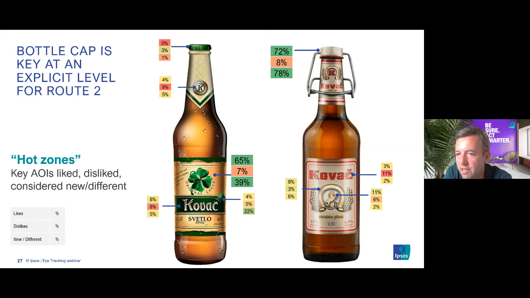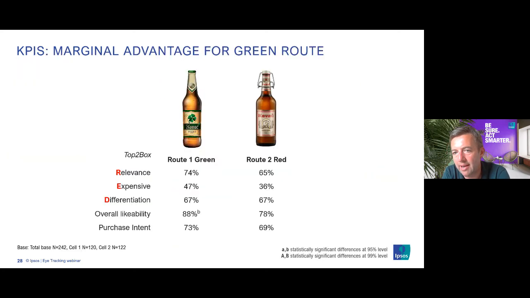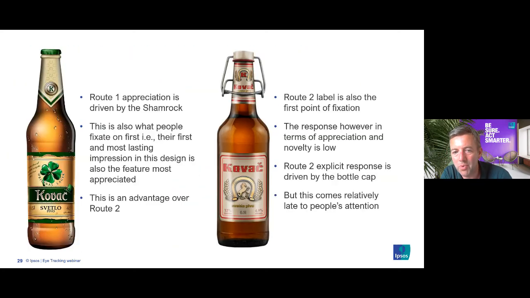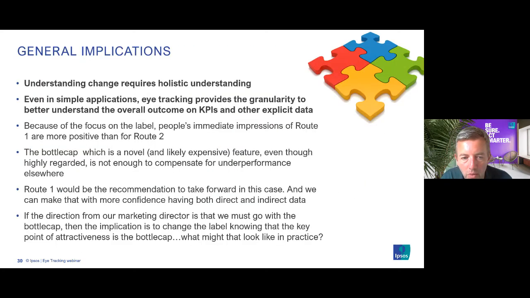If you only had the explicit data behind that, you would be, I wouldn't say you'd struggle, but you wouldn't be that confident to say, well, I think definitively route 1 is the winner here. So what eye tracking allows us to do is bring that confidence, bring that level of understanding of the nuance, because we can understand the order of communication. And obviously design is about pushing what's positive.